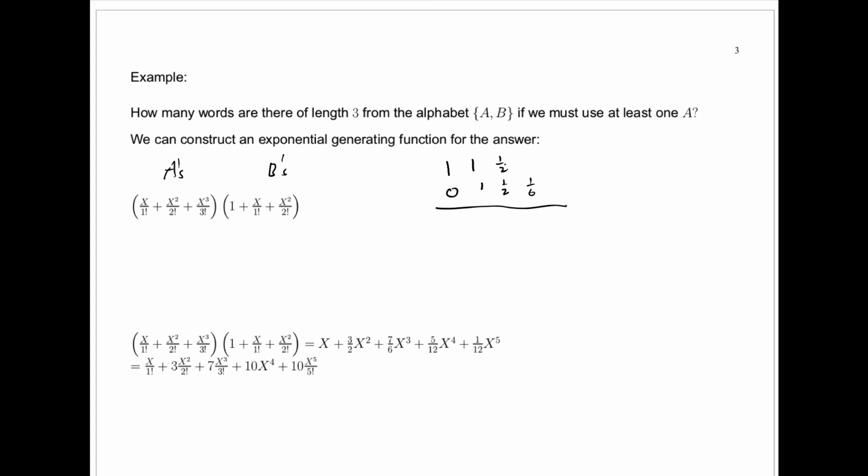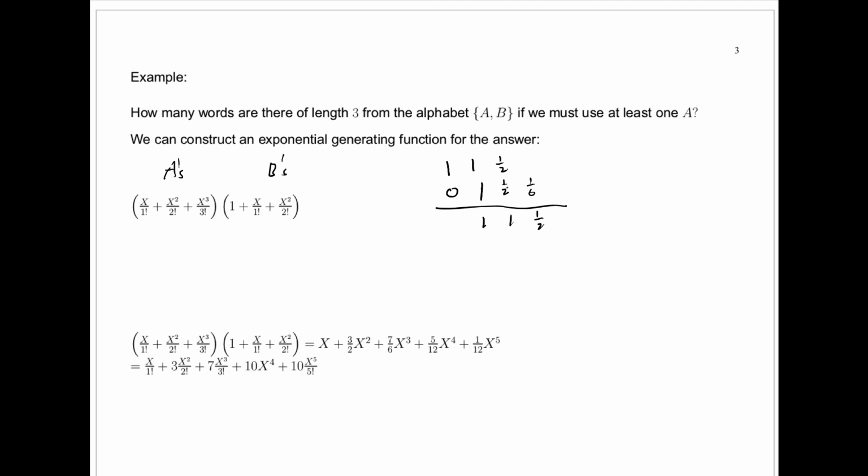Well, the upper factor times 0 would just give me 0. I could write a row of zeros, but there's no reason to do that. Then we shift over 1 and take this 1, 1, 1/2 times a 1. 1, 1, 1/2. It's shifted over 1 because it's being multiplied by this 1 here.